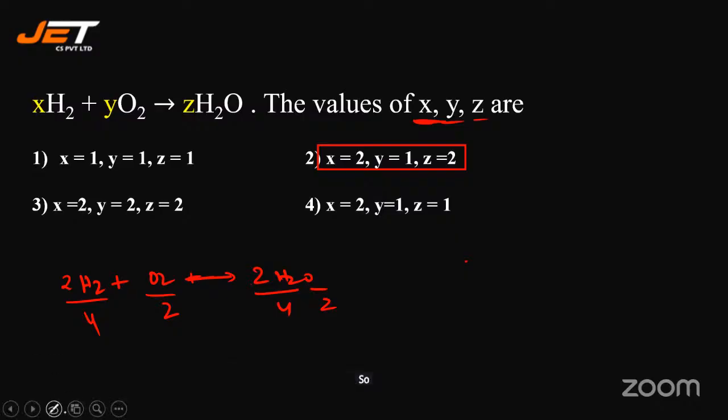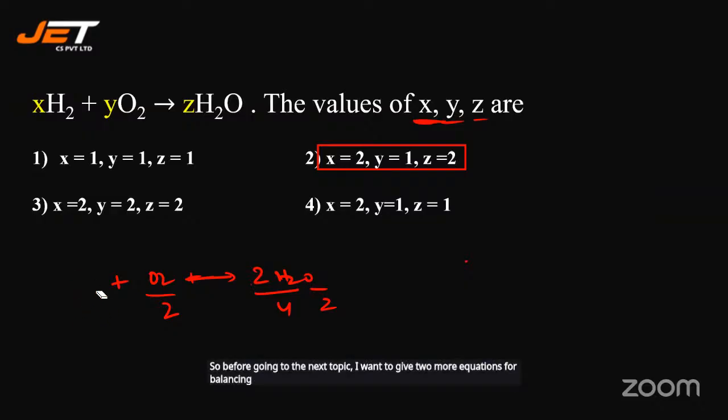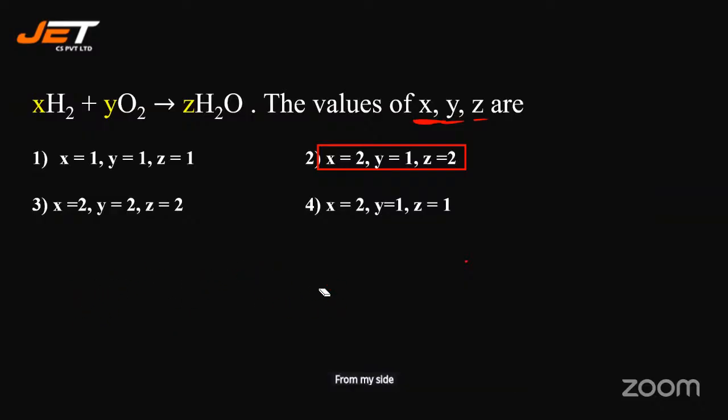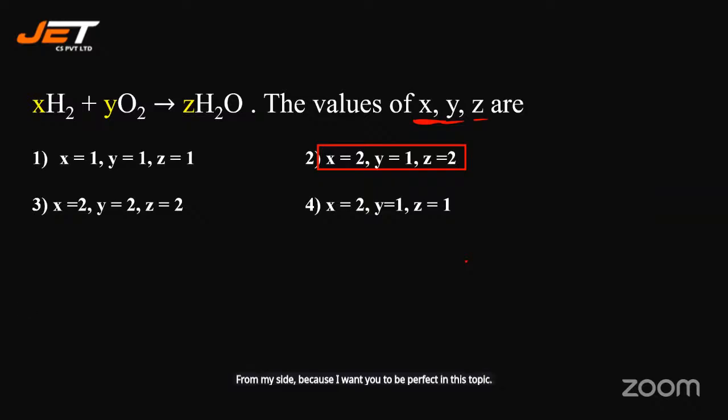So before going to the next topic, I want to give 2 more equations for balancing from my side, because I want you to be perfect in this topic. Let me give you another equation: CaCO3 upon reaction gives CaO plus CO. So this is the question.